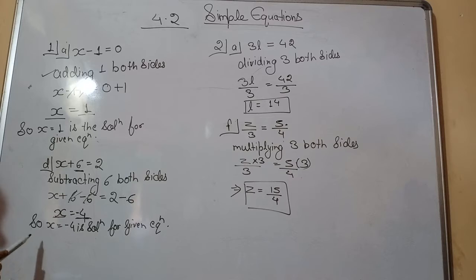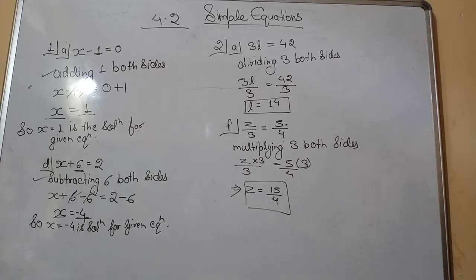So here what we can say? x is equals to -4 is the solution for given equation. So the basic concept is, first check which constant is on the variable side. Then check its sign. Use just opposite sign and perform the operation. And these are the steps which you have used for separating the variable out of equation.